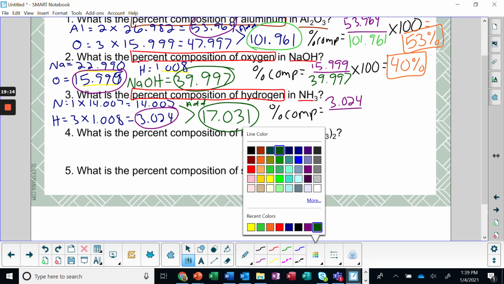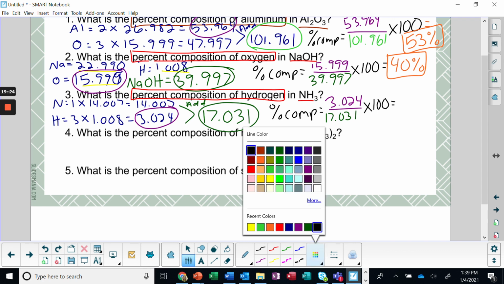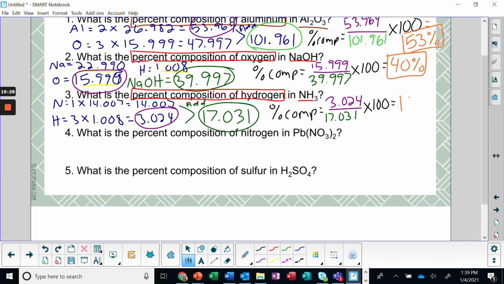Divided by the mass of the whole compound. Times 100. Plug everything into our wonderful calculators, and we should get 18%. Number 4.